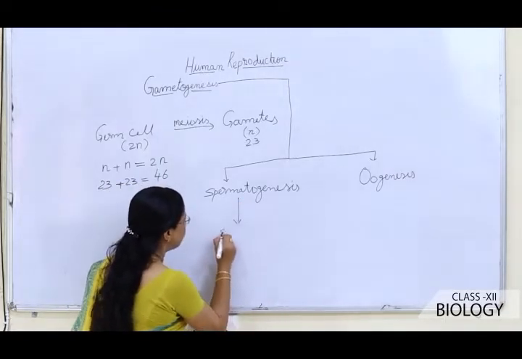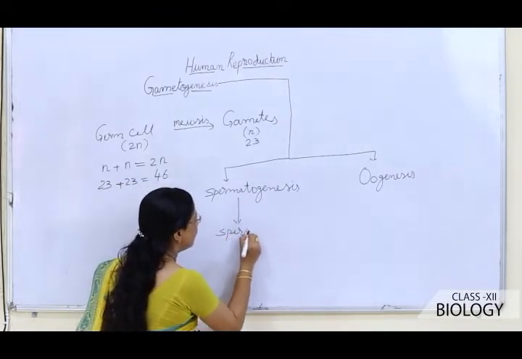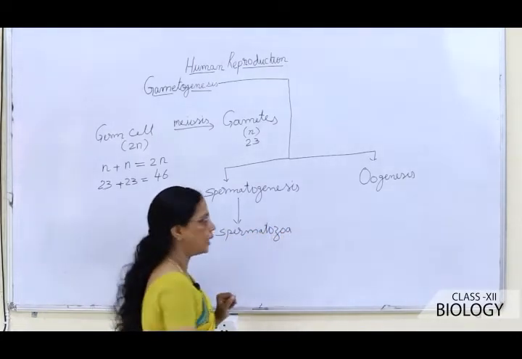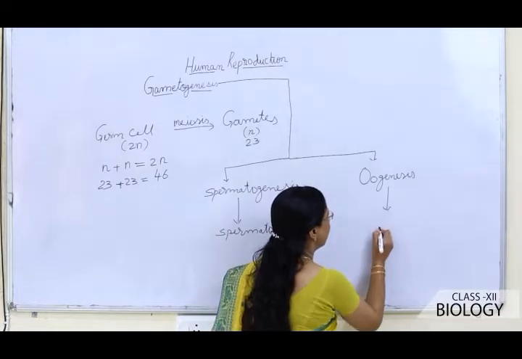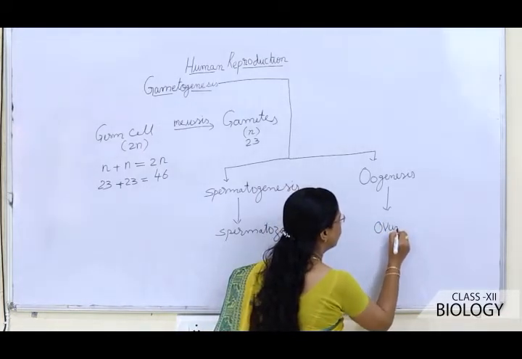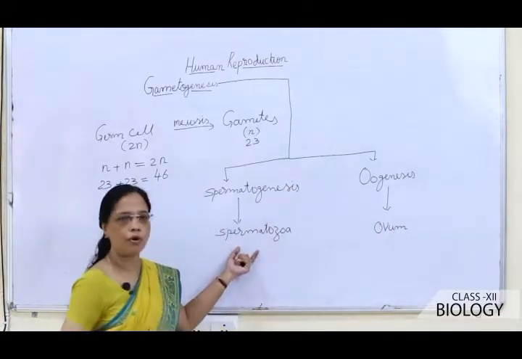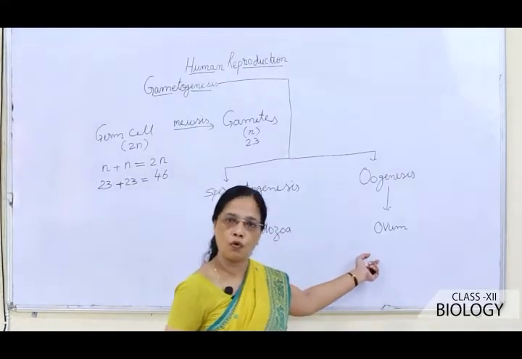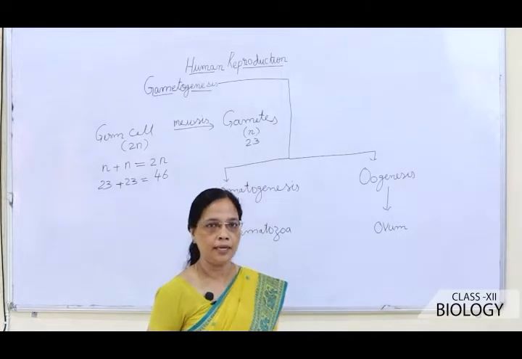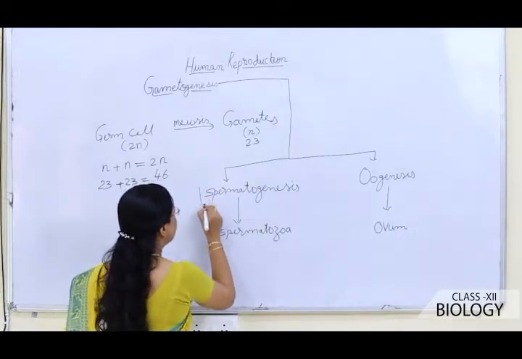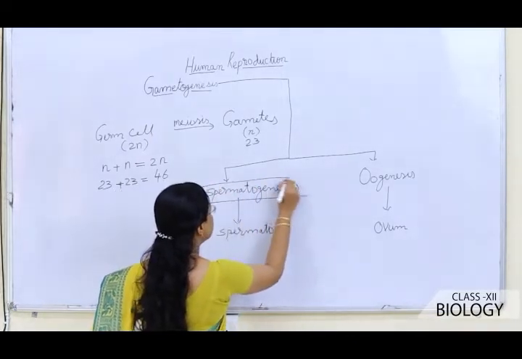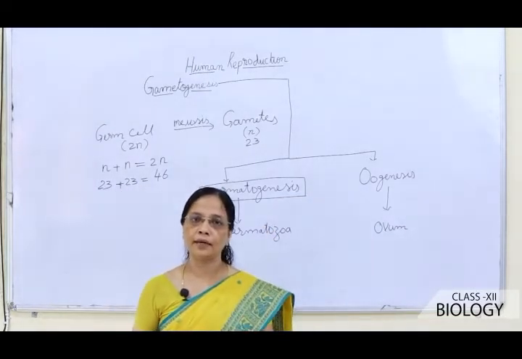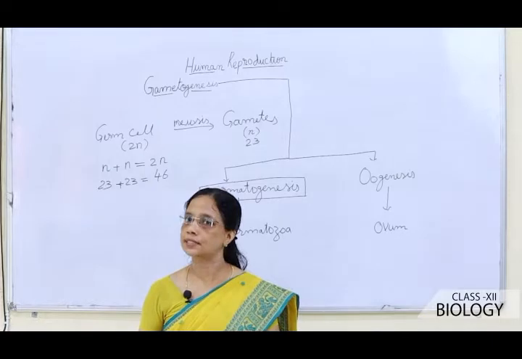That is formation of spermatozoa, and oogenesis means formation of ovum. So formation of spermatozoa takes place in male and formation of ovum takes place in female. So in this class we will study about spermatogenesis.